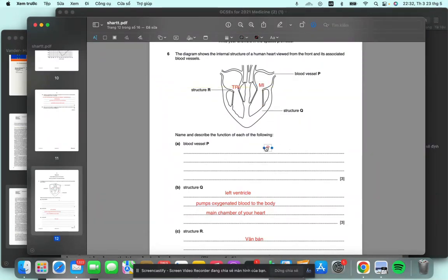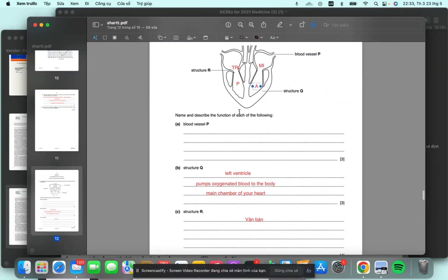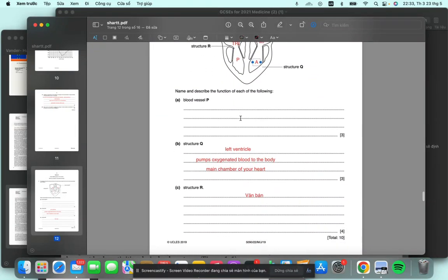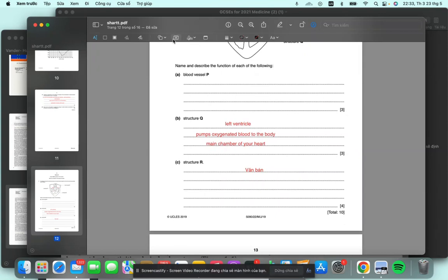Try stands for tricuspid, Me stands for mitral, P stands for pulmonary, and A stands for aortic. Atrium, ventricle.